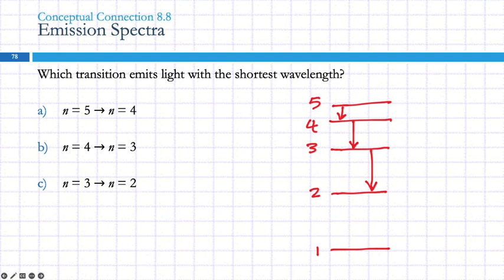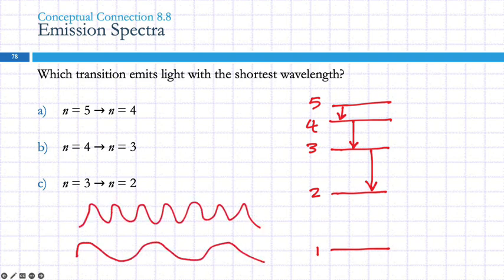But we have to think about the wavelength. Which one has higher energy? The top one. That's high energy, this is low energy. So the high energy one has the short wavelength, and the low energy one has the long wavelength.